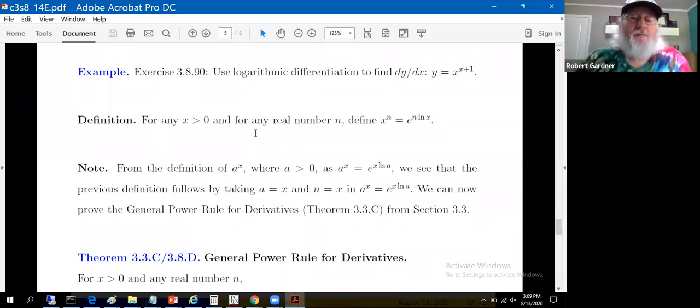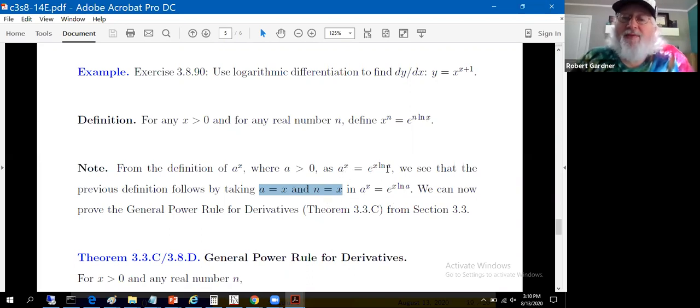Definition. For x greater than 0, any real number n, define x to the n as e to the n natural log x. Well, this is the same kind of thing we had upstairs when we defined a to the x as e to the x natural log of a. If you'll play around with an appropriate substitution, I won't bore you with the details because we've been at this so long. Make the appropriate substitution.